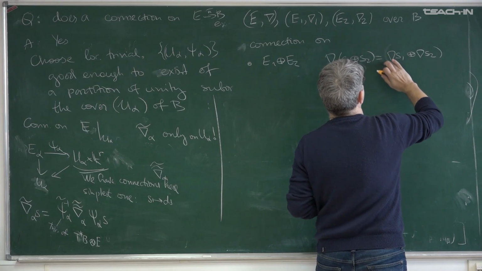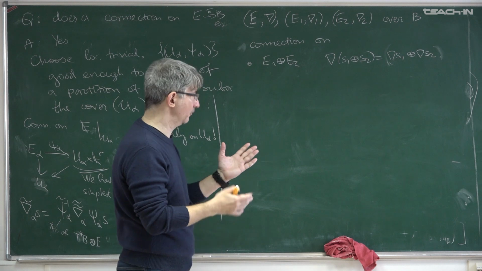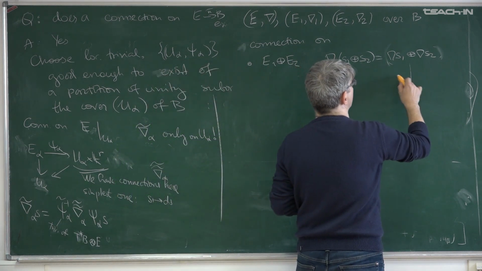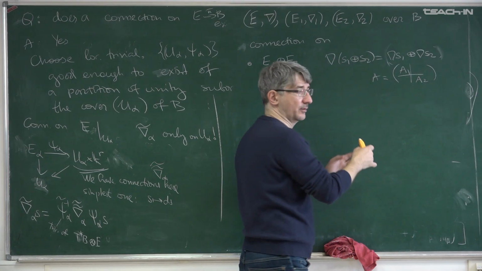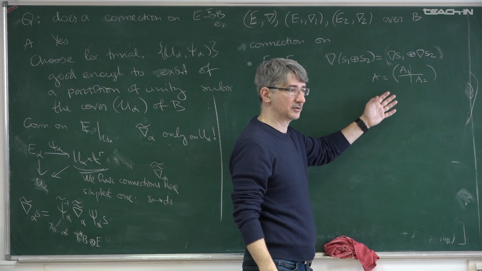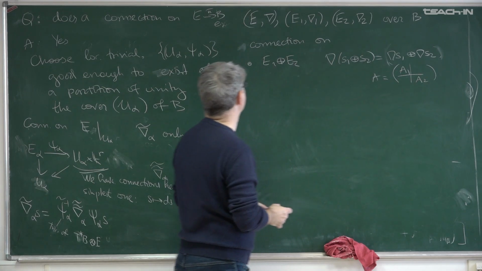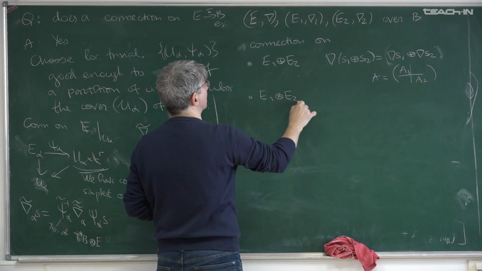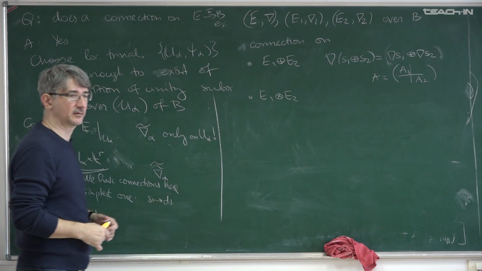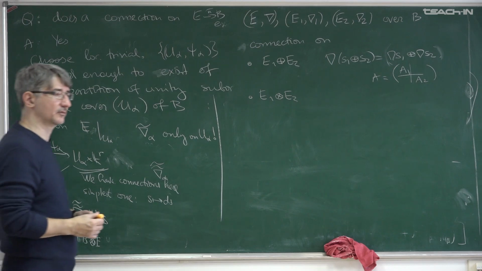If you speak about this thing on the matrix level, you have a connection form, so it looks like A1, A2. This should be a matrix. The connection is represented by a matrix of one-forms, so it looks like this one. So next question, if we deal with this object, what is the connection here? Leibniz.